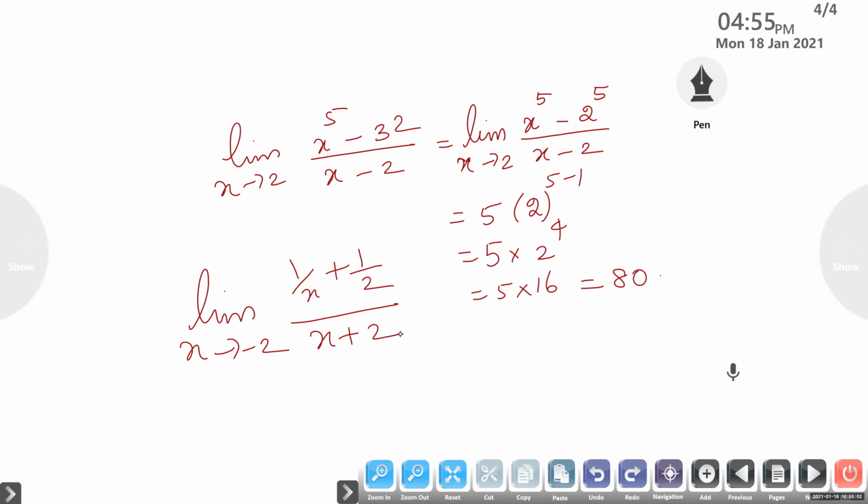Is it negative 1 by 4? Yes, it is negative 1 by 4. Are you able to do this, Aditya?